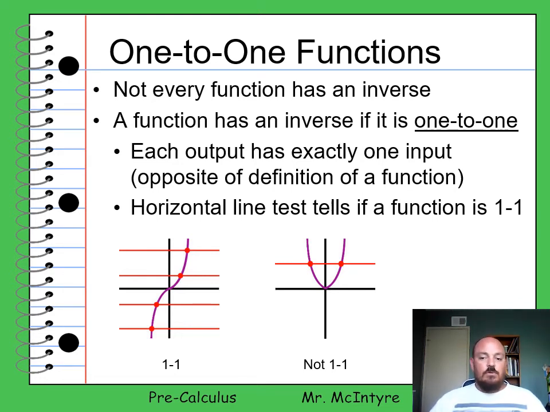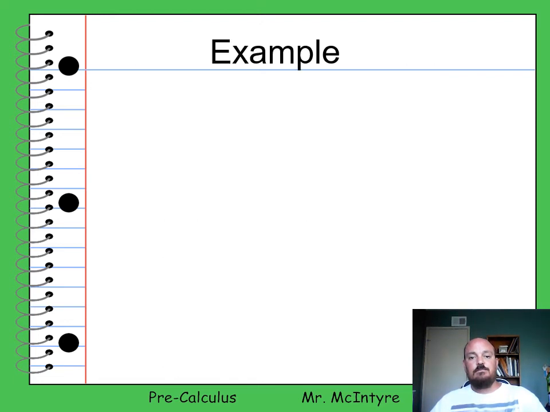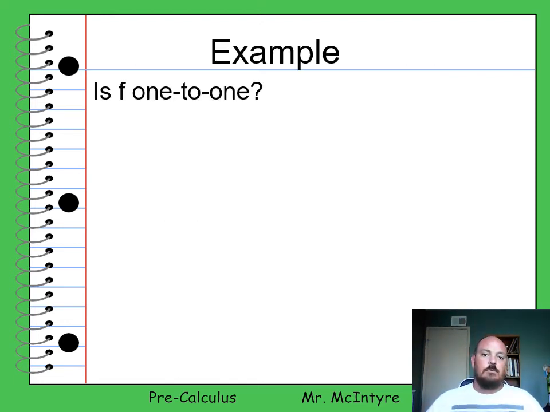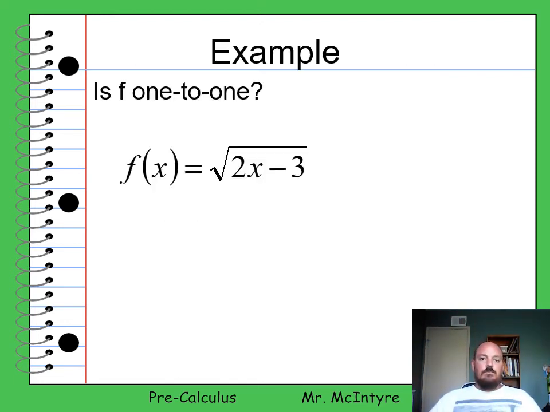So let's do a couple examples using equations instead of graphs. Let's talk about f of x equals square root of 2x minus 3, and we're going to decide if it's one-to-one. Now, we want to think about the graph and decide if it's going to pass the horizontal line test.